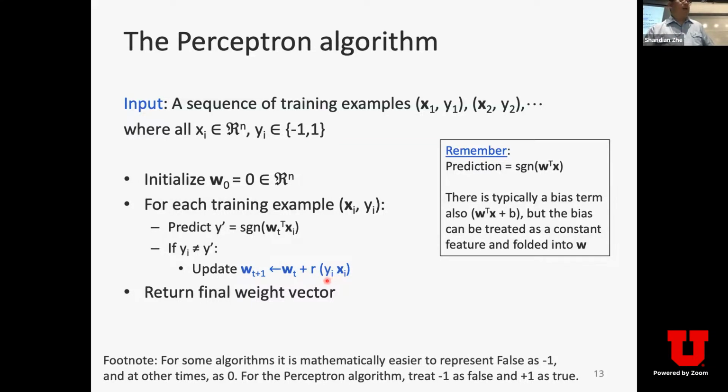Here we assume yi is either 1 or -1. Now if we switch to the 0, 1 representation of y's, we should modify it accordingly. Otherwise, if y is 0, it does not do any update. So how do we modify this updating rule accordingly?